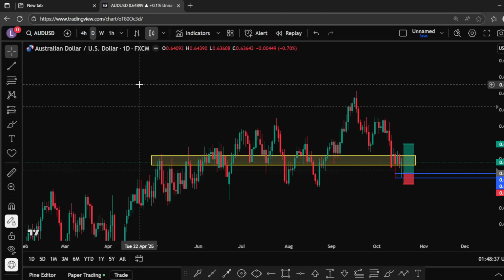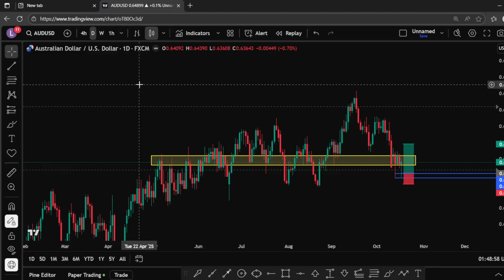So those are the areas that I look for on my charts, and I map them out, and I wait for a minimum of three touches of that level before I start paying any interest on that particular instrument.